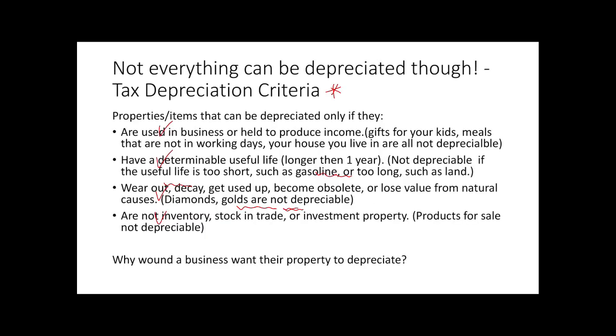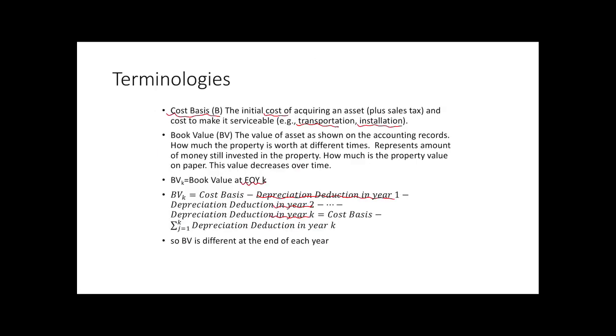You need to know not everything can be depreciated, and there are 4 criteria to follow, and this is very important. For a given property, I want you to correctly tell if it's depreciable or not.